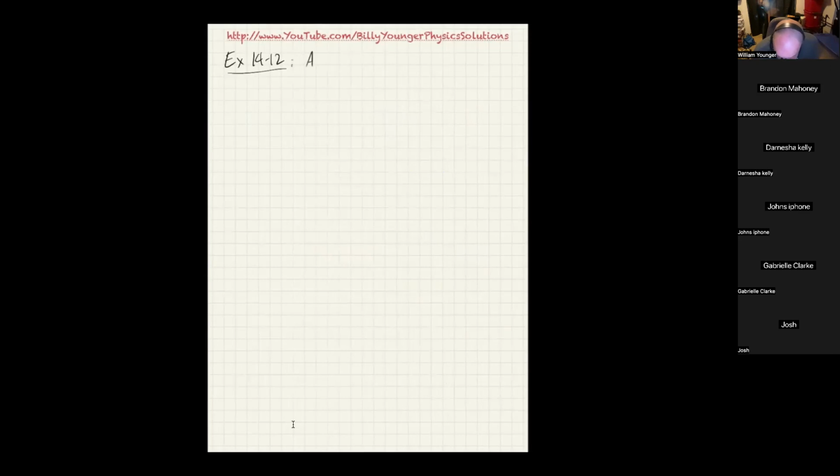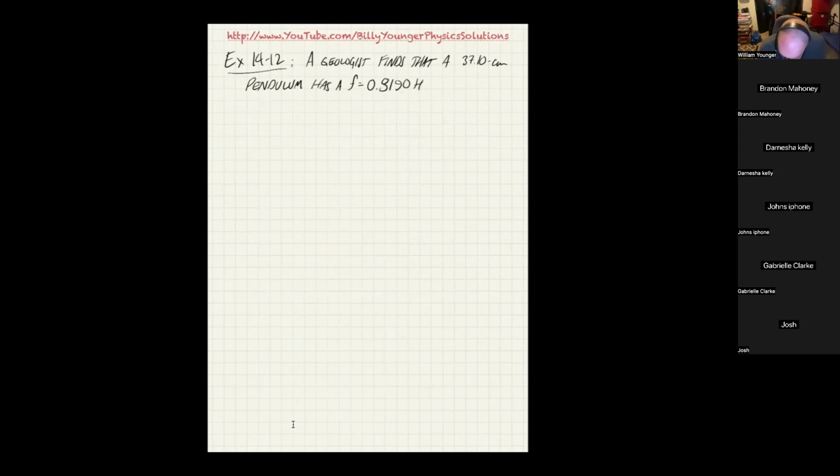Basically, a geologist finds that a 37.10 centimeter pendulum has a frequency equal to 0.8190 hertz. What is g? So that's the question.